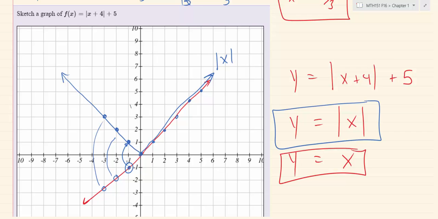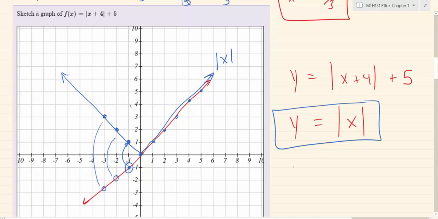What would happen if I took y equals the absolute value of x and added 2 to every y value? What's it do? Yep, it shifts it up 2 units. So this point gets 2 added to it, this point gets 2 added to it, and our focus is on this point right here.